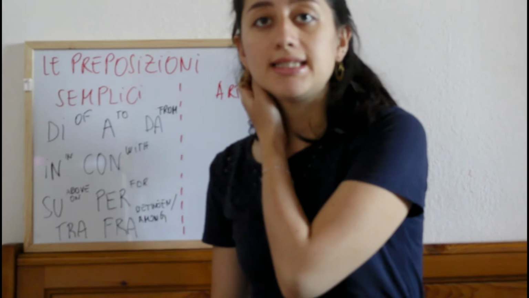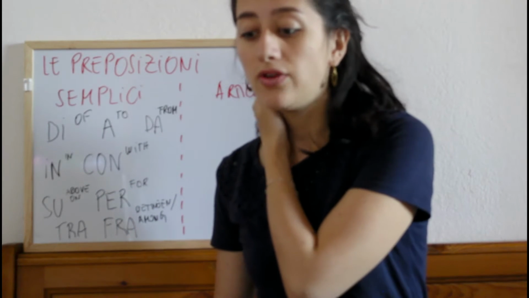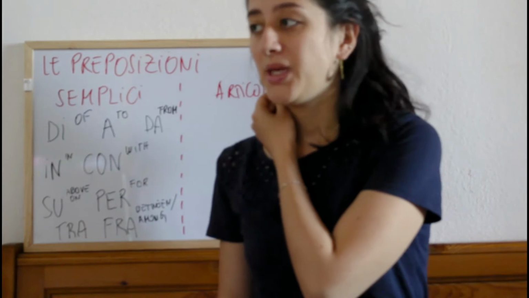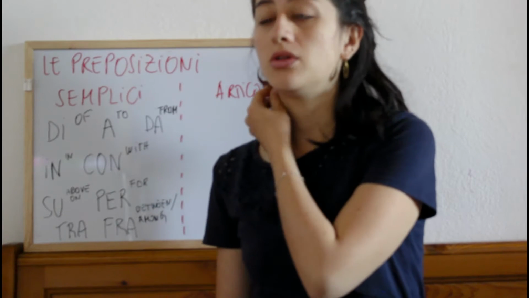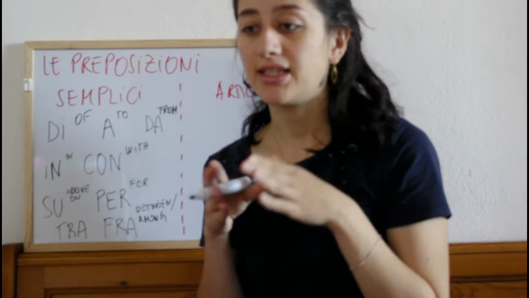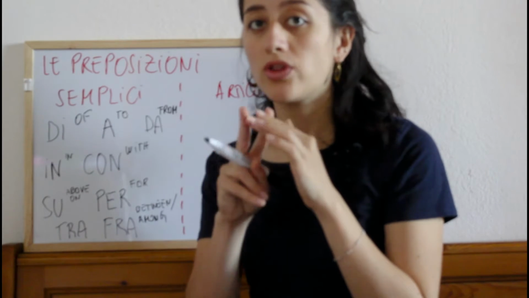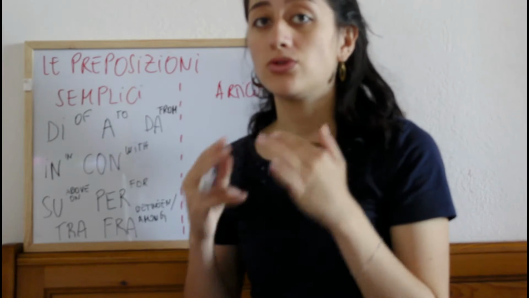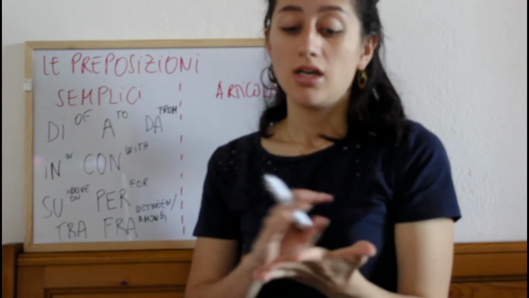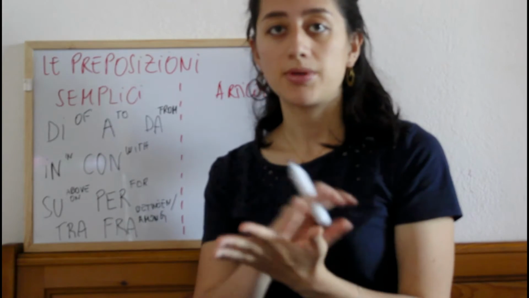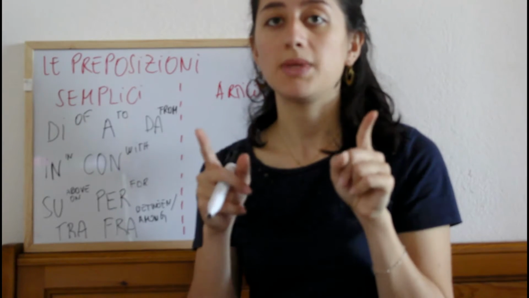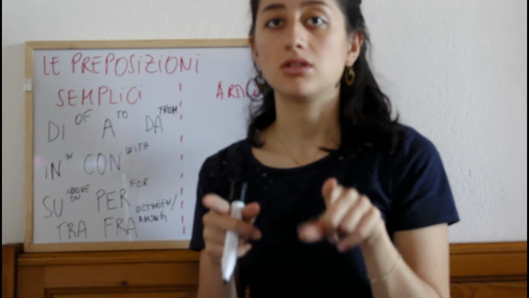Well, because in Italian we don't get the difference between between or among, meaning that if we want to use a preposition making a difference between two things or more than two things, in any case we still use the same preposition. I mean, in English, if we have to discriminate between two things, then you use between.